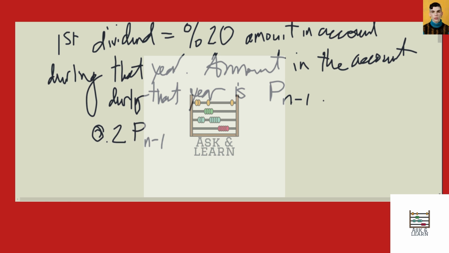And now in the third case, we have that the second dividend is 45% of the amount in the account during the previous year.